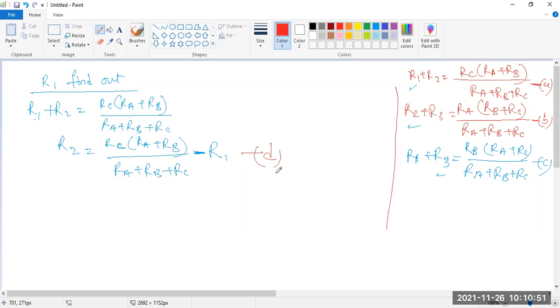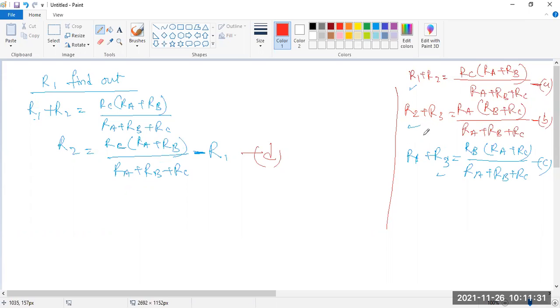Okay, now putting the value of D in this C, look here we get 1 and 3. If we put the value of D, where is the R2 value? R2 value is here. So what happens? Look, R2 and 3 is there.